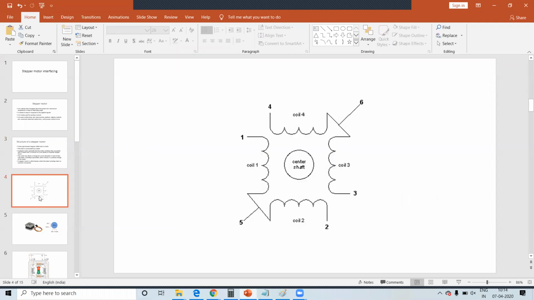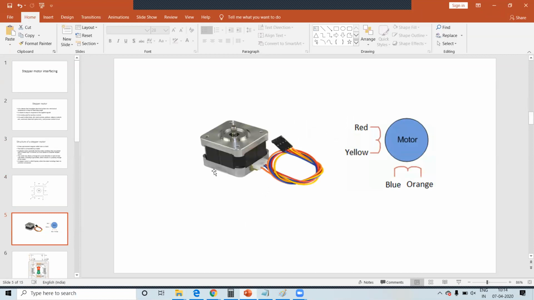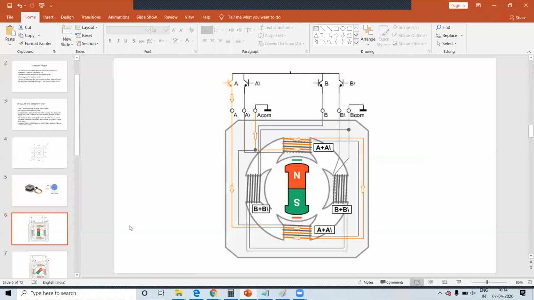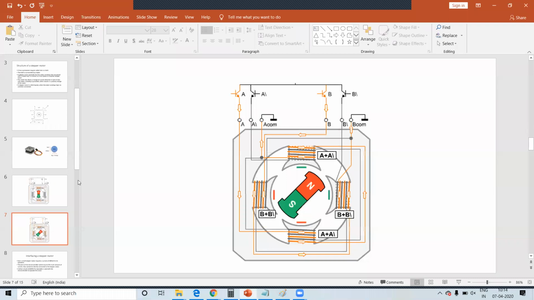The schematic diagram of the stepper motor is like this. A center shaft, 4 windings are connected here, and these are the grounds. 5 and 6 are grounds. The physical diagram of the stepper motor is like this. Now, this is how the block diagram of the stepper motor looks.